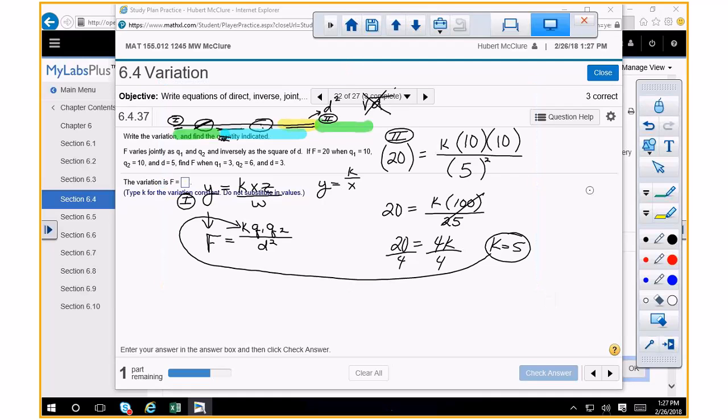Now I'm going to take part 3, and I'm going to rewrite the formula or the equation with the K in there.